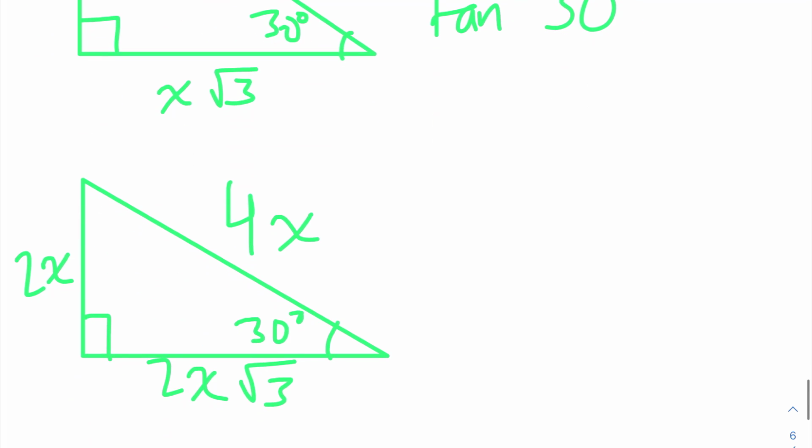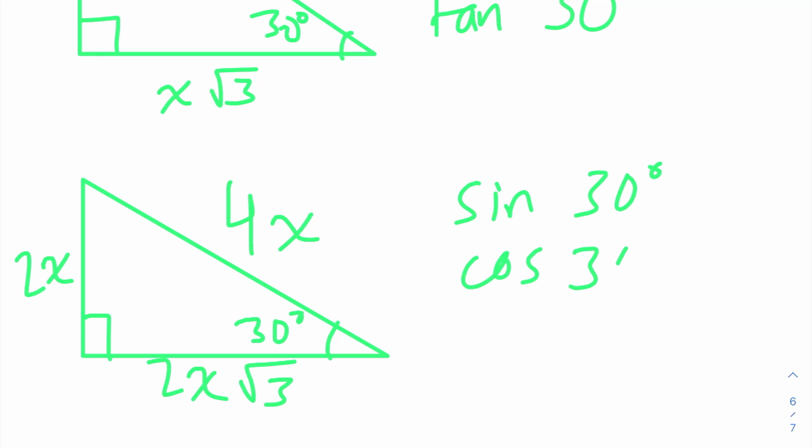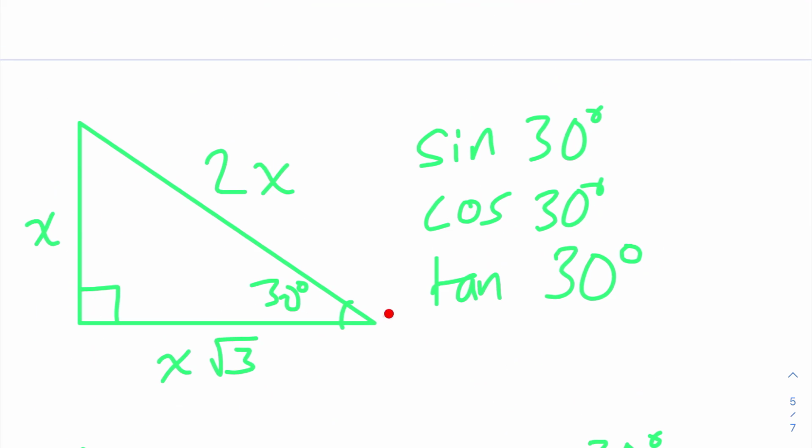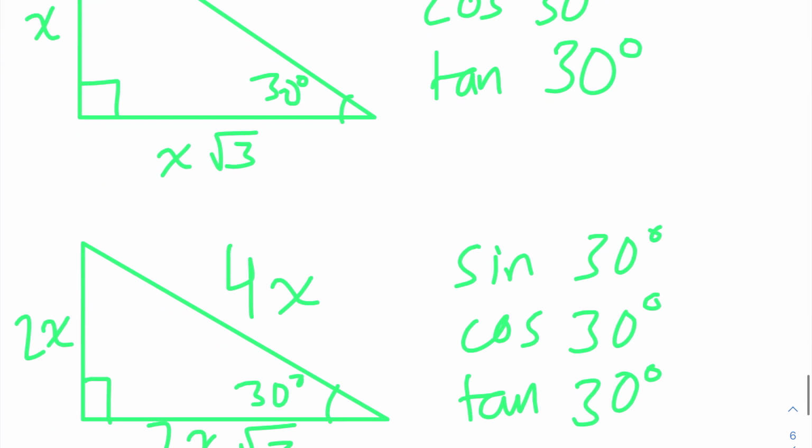So therefore, we just learned that sine 30 degrees, cosine of 30 degrees, and tangent of 30 degrees will all be the same in this triangle as they are in this triangle, because both triangles are similar, and we're finding the sine, cosine, and tangent of the same degree measure. It's the same 30 degrees.